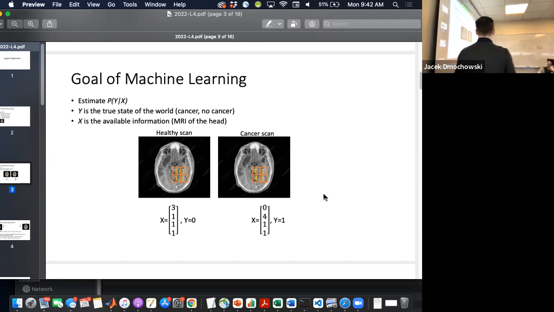In this case, it would be if you scanned a bunch of people and then also biopsied them or somehow found out whether at the time of the scan they actually had a brain tumor or not. And with that information, you would be able to learn the relationship between X and Y.